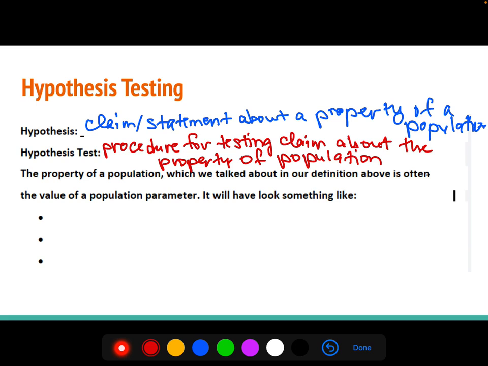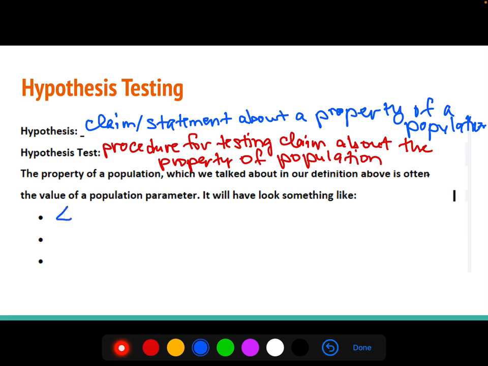So we have a whole procedure for testing your hypothesis. The property of a population is going to be defined in some way. So we have a, and we'll define the population parameter.